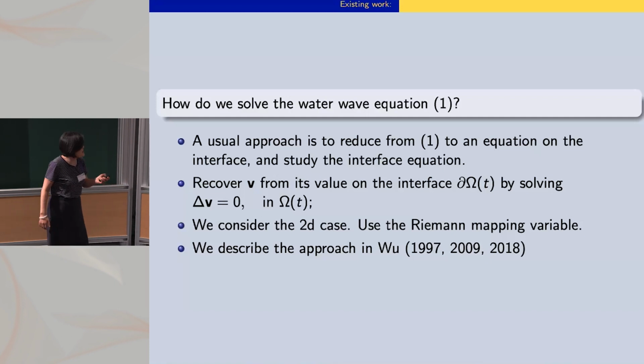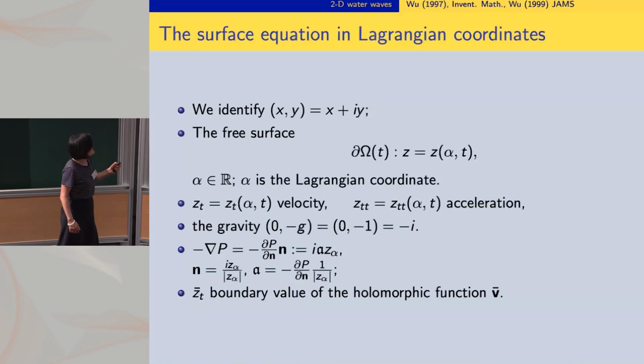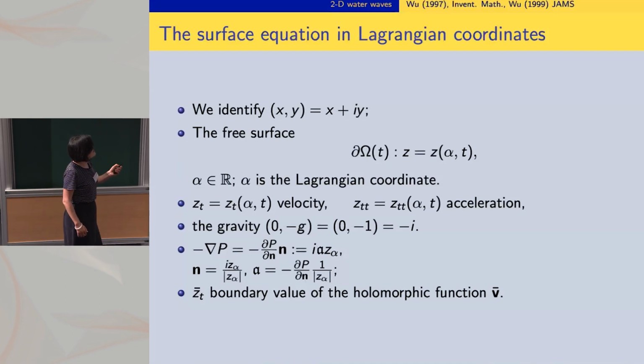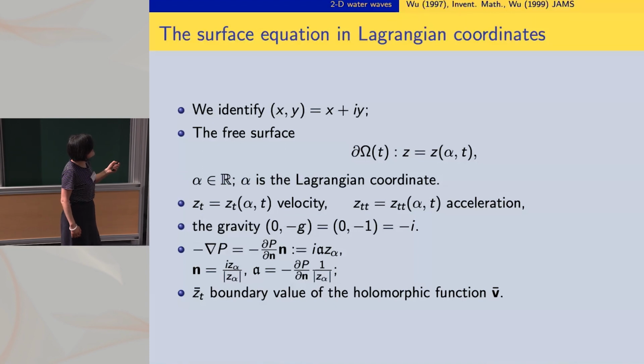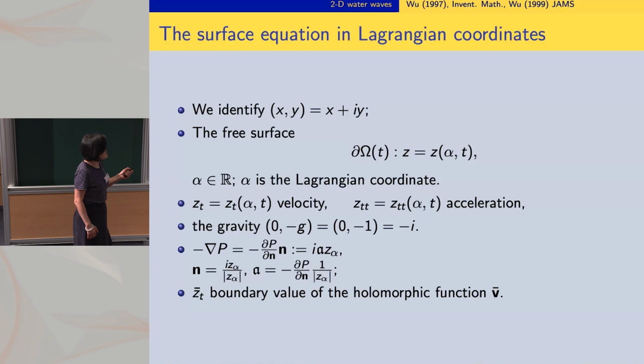Here I give a brief derivation on the interface. This is the 2D case, so we identify the point (x, y) with its complex form. For the free interface, alpha is the Lagrangian coordinate, which means if I take the derivative in t, I will get the velocity.